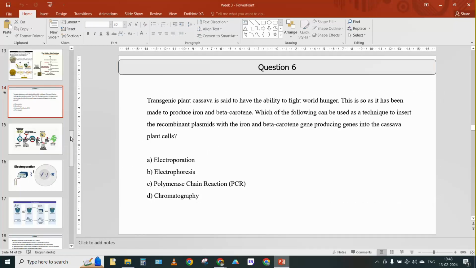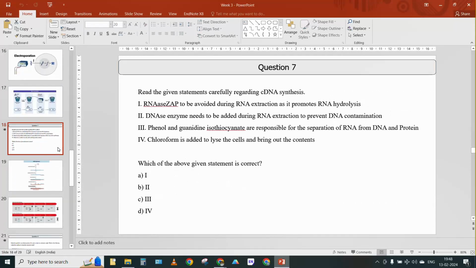So moving forward to the next question, which is the seventh one. Here there are some statements given regarding complementary DNA synthesis. Statement 1 states that RNase zap is to be avoided during RNA extractions as it promotes RNA hydrolysis. Statement 2 states that DNase enzymes need to be added during RNA extractions to prevent DNA contamination.